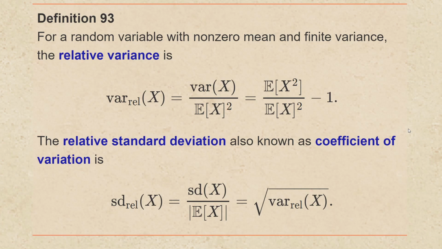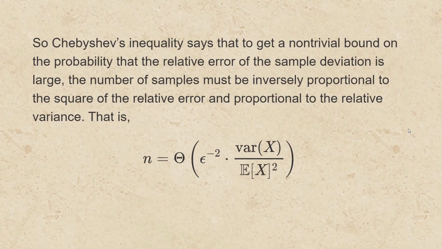Then the relative standard deviation, also known as the coefficient of variation, is the standard deviation of X divided by the absolute value of the mean of X, and it's the square root of the relative variance of X.